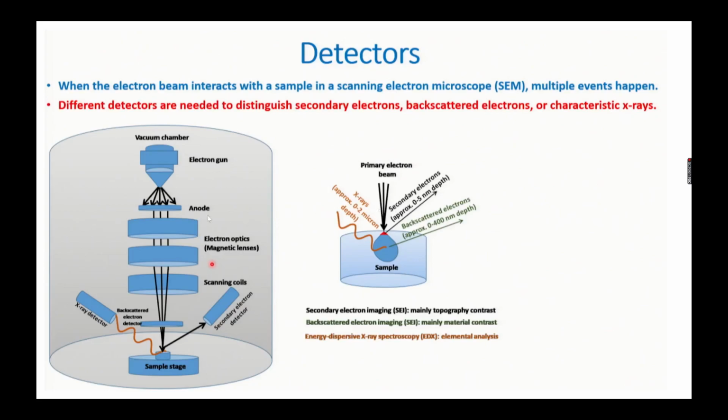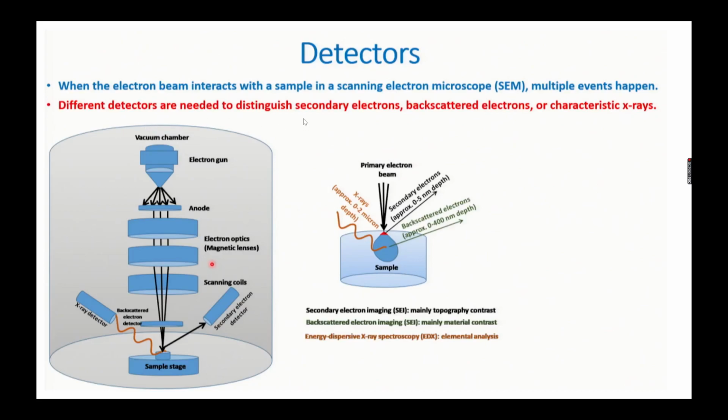When our electron beam interacts with our specimen, multiple signals get generated from different depths of the specimen. These are at certain angles, and every signal has its own specification.